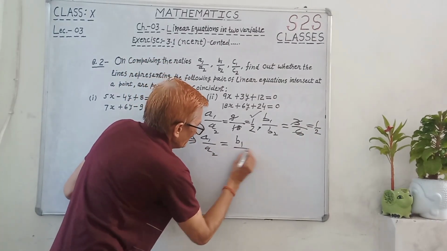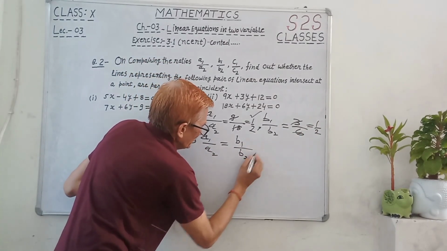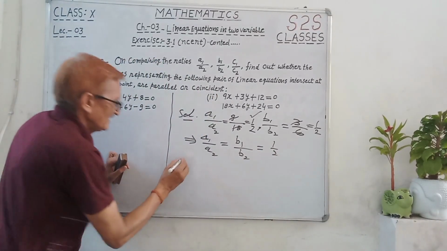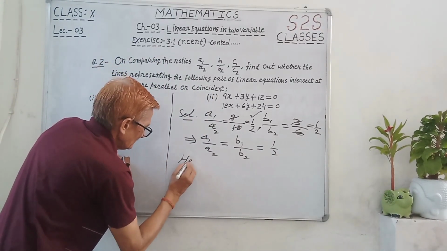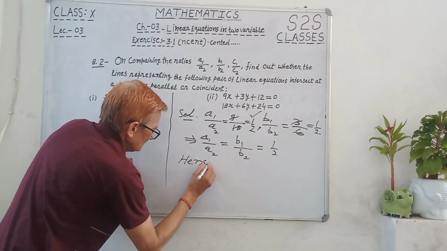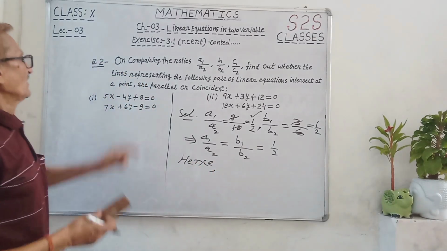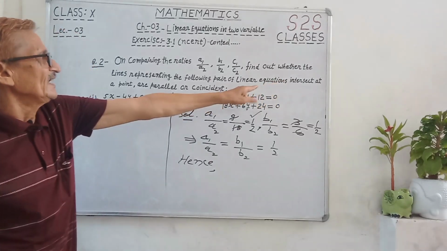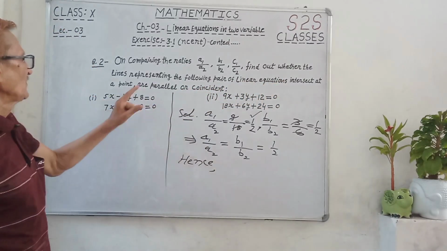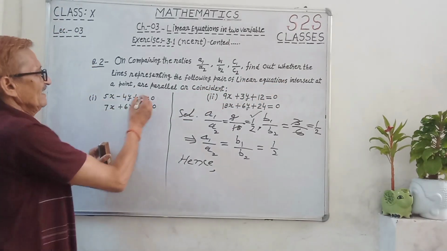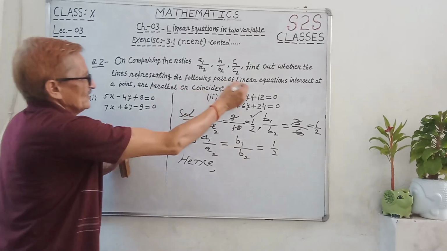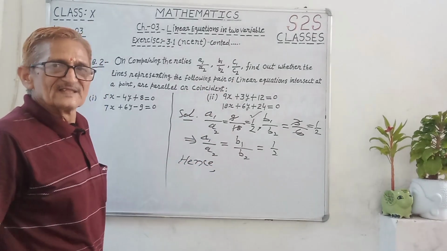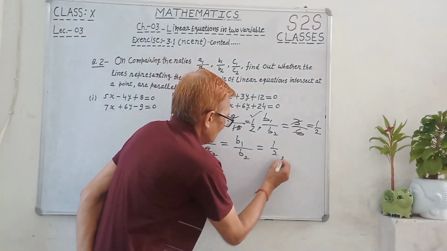So B1 upon B2 is equal to 1 upon 2. Hence, asking whether the lines representing the following pair of linear equations intersect at a point, the lines are parallel or coincident. So if both are equal, then the third we also have to check.